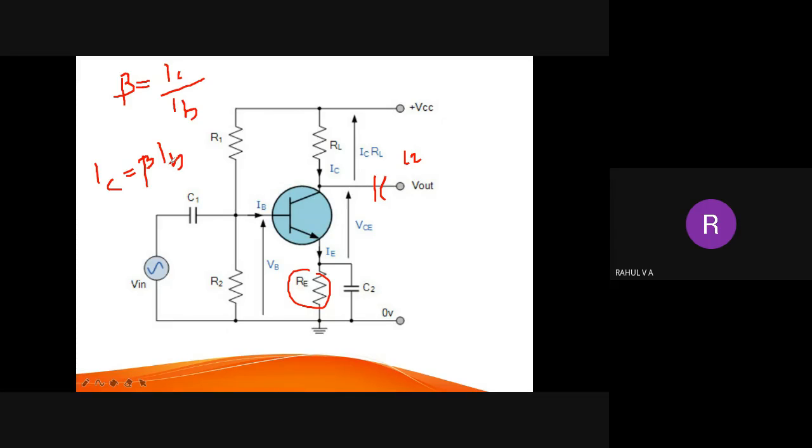So 100 into, say for example, 10 milliampere is 1 ampere. So IC is 1 ampere. You can see that the base current of 10 milliampere is converted to 1 ampere. That means it is amplified. Okay, so that much is enough for explanation.